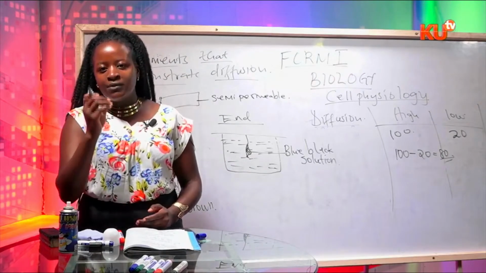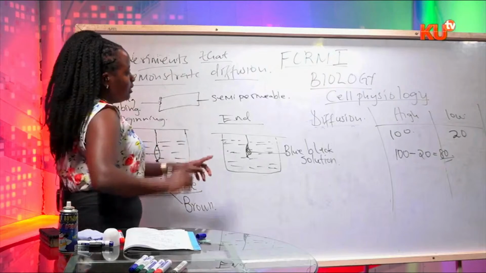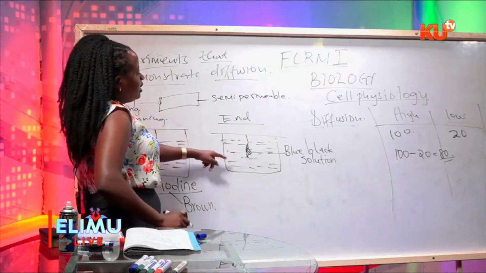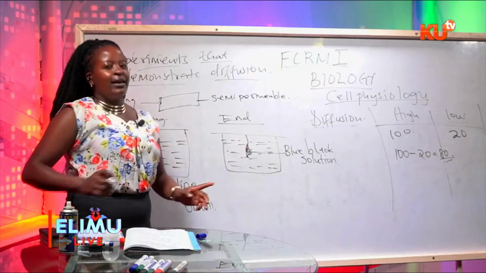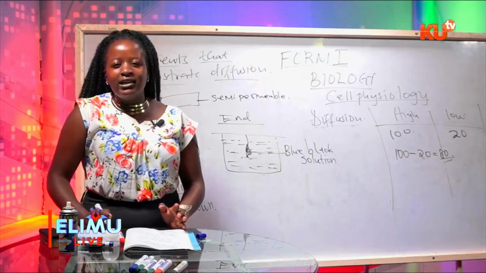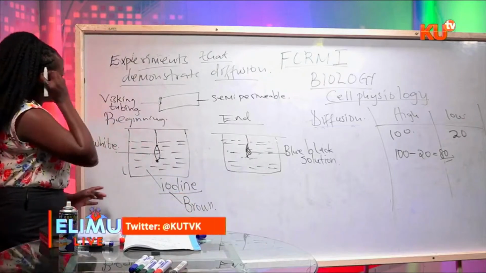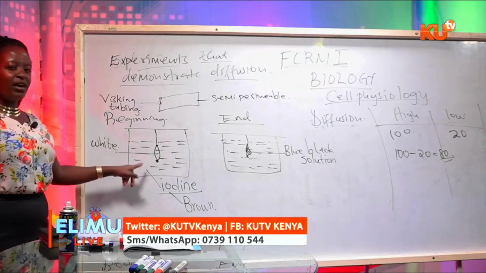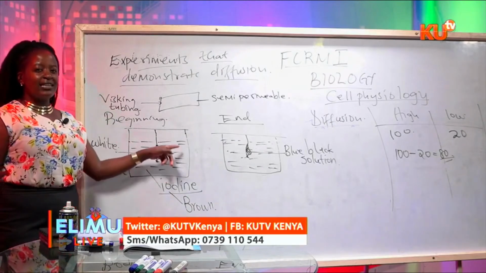That is the observation. So the observation will be the starch solution will turn from white to blue-black. And this means that iodine is in high concentration inside the beaker.